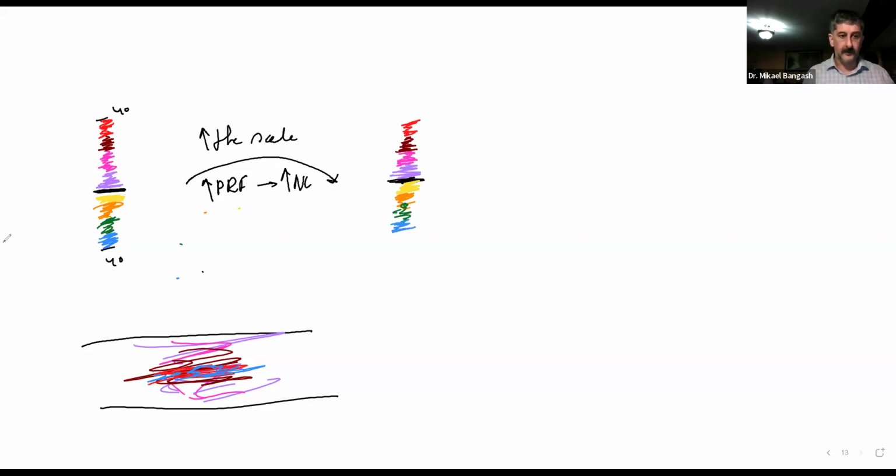But let us then just say that we increase the speed to, for instance, 120. Now that same blood vessel, which previously had aliasing, that aliasing is going to be gone.